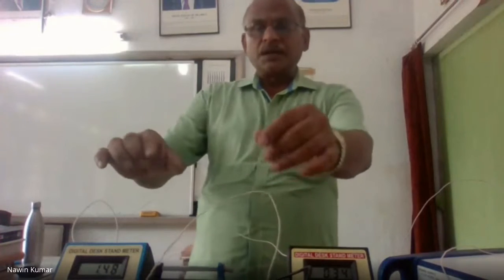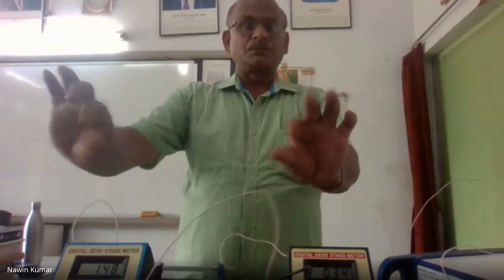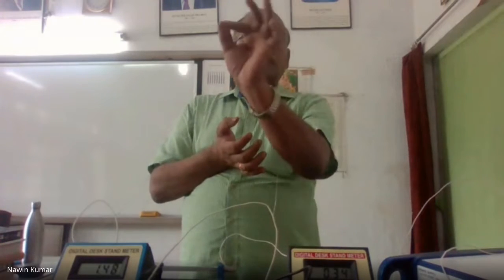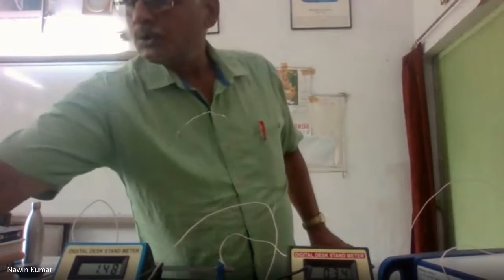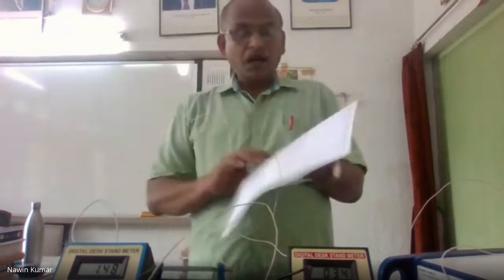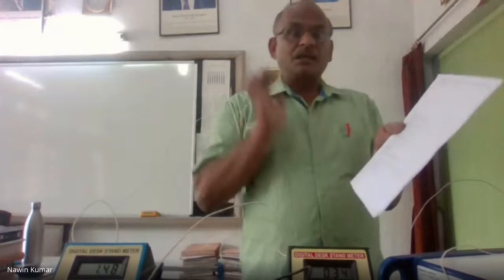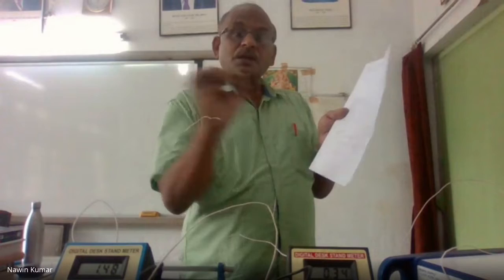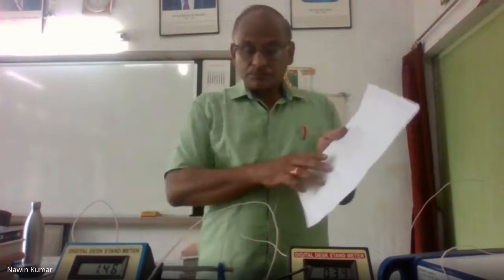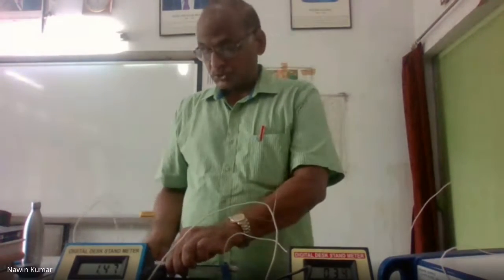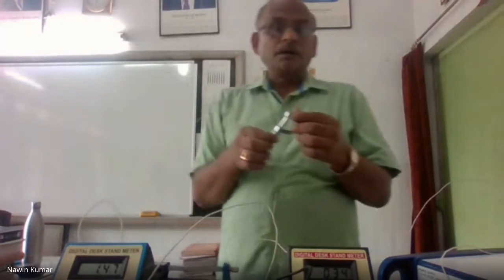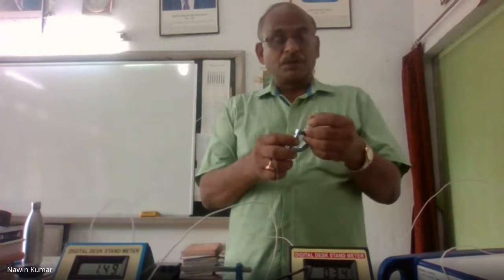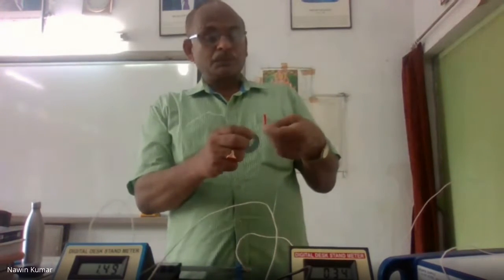The length of the wire here we have taken is 50 centimeter, and we know the formula R equals rho L by A. So rho equals RA by L. Now our purpose is to find the area of this wire. For this we need a screw gauge, and that experiment you have done in class 11. So once again I am reminding you.